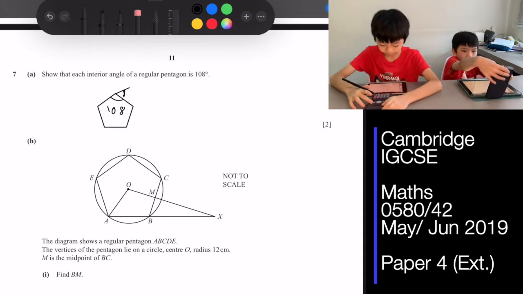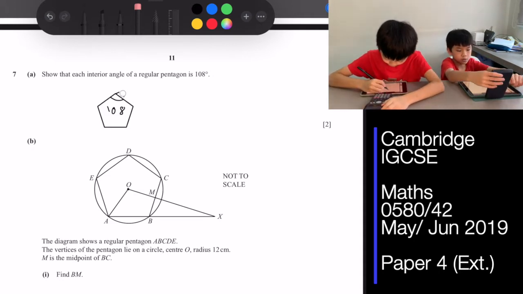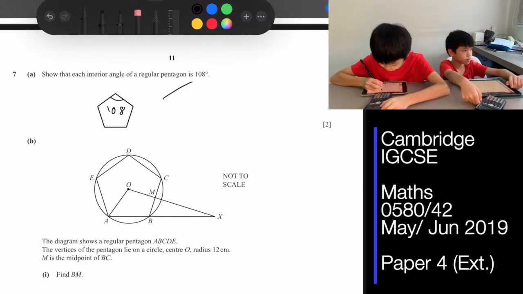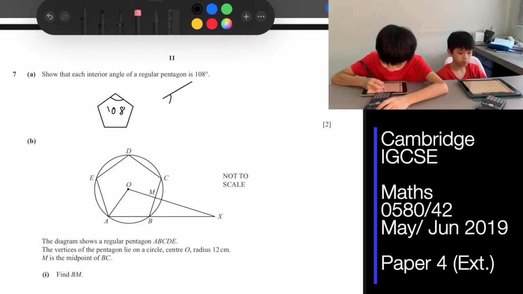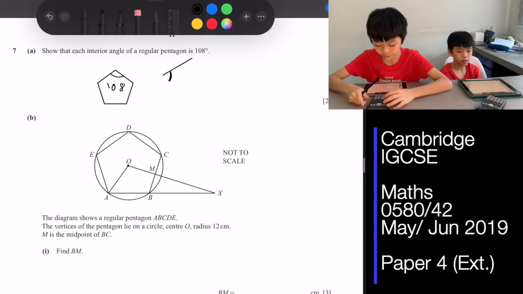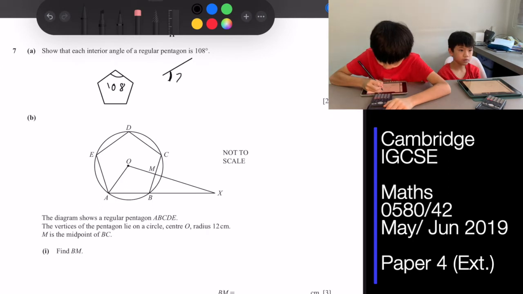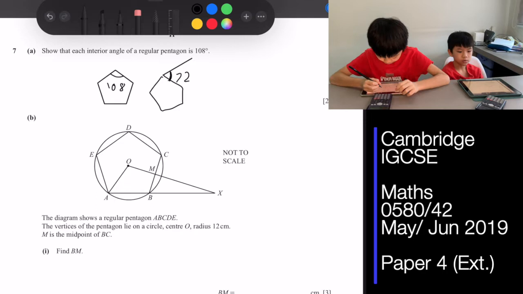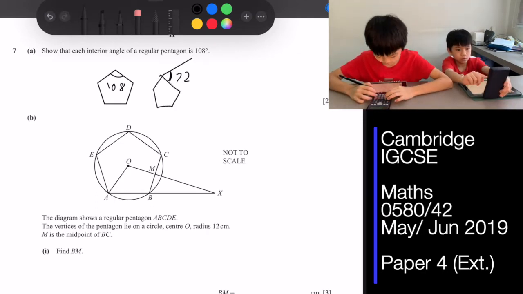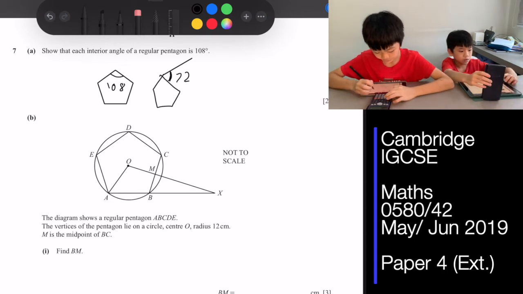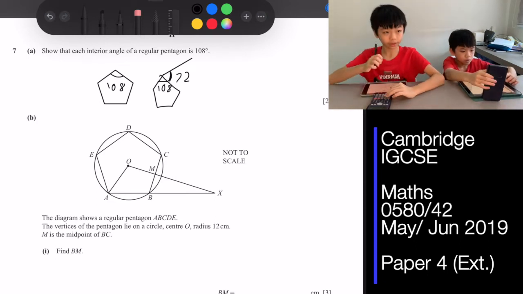Oh, wait, hold on. We can't do that because we're proving that it's 108. So first, we need to find the exterior angle of a pentagon, which is 360 divided by 5, which is 72. And now that we've got 72, the interior angle is 180 minus 72, which is 108.